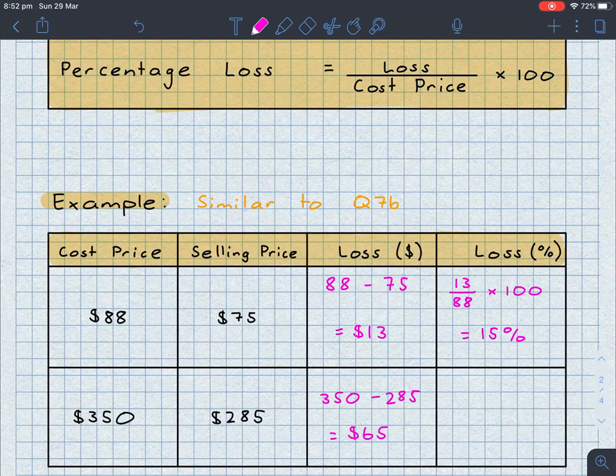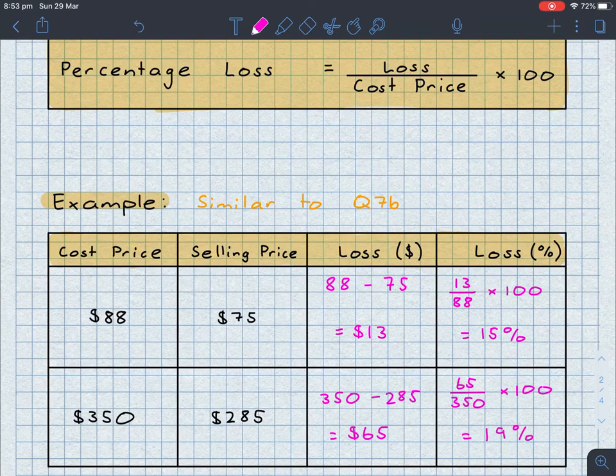Okay, then to work it out as a percentage, I take that 65 and I put it over the original, the cost price, which is $350, times by 100, and in our calculators, that will give us about 19%. So it's 18.57. I'm going to round that up to a whole number.